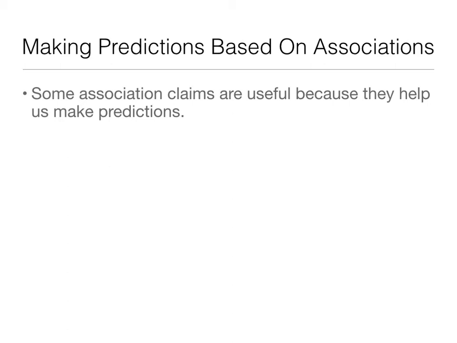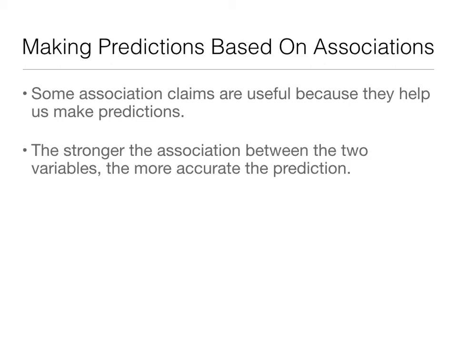Well, if you know one place on the line and you have one data point, then you can predict the value of that other data point based on this correlation, based on this association. The stronger the association between these two variables, the more accurate the prediction. So if you had a really, really strong correlation, you had more power to make a strong prediction.